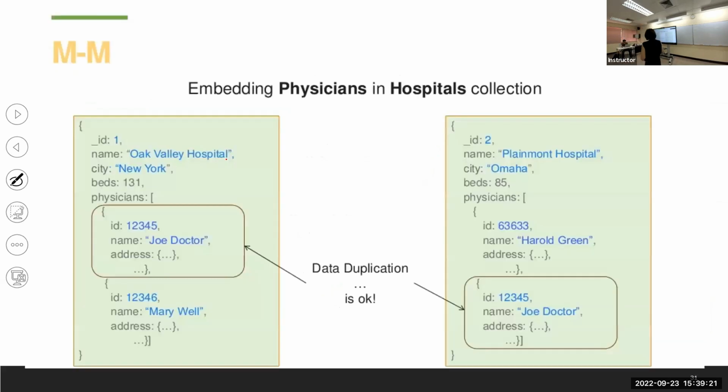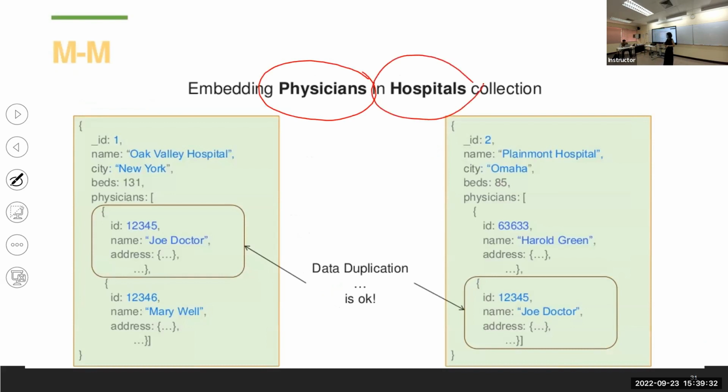And the last type of relationship is when documents or entities have many-to-many relationships among each other, such as this information about physicians and hospitals.